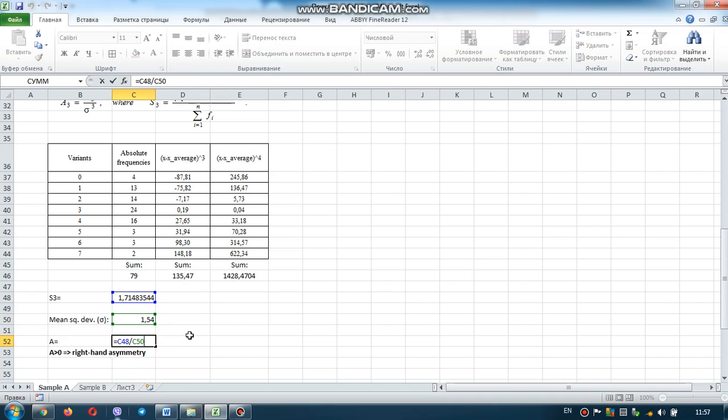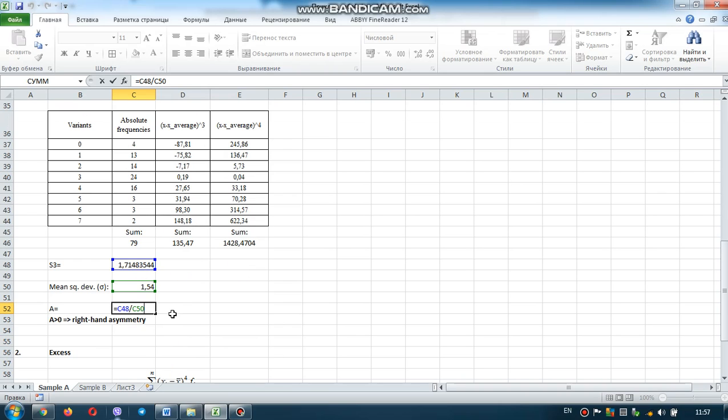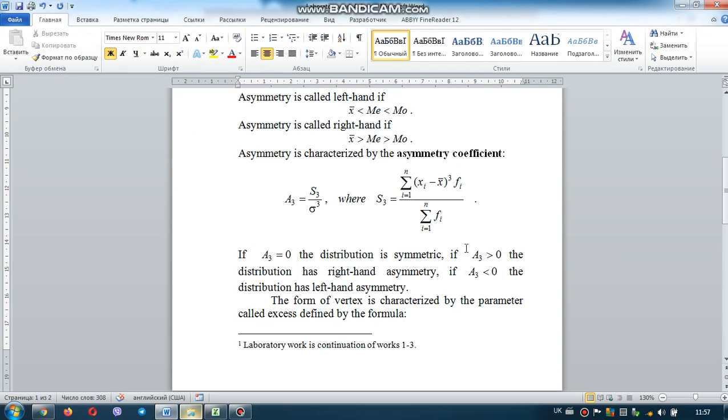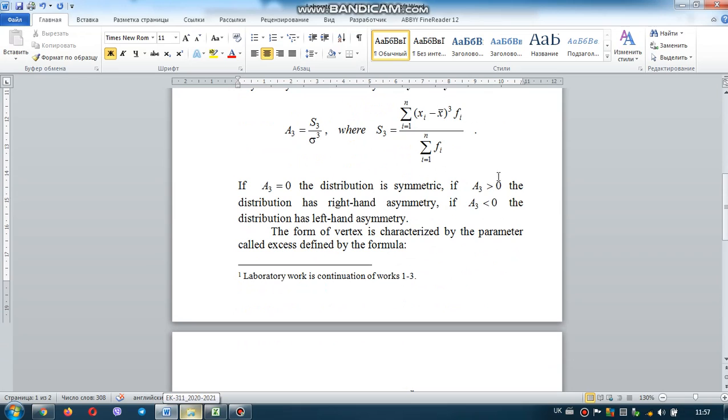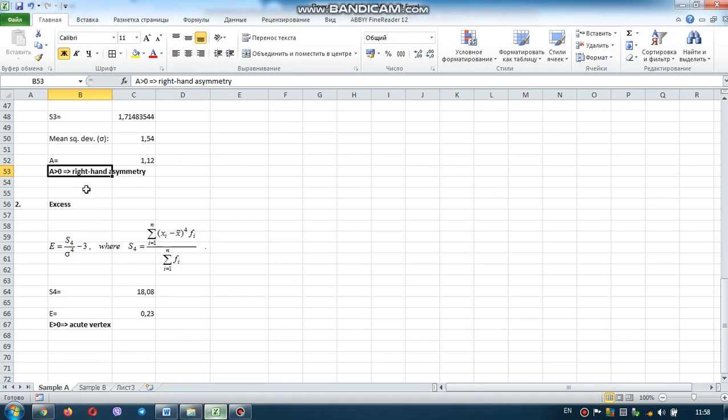Then we determine the asymmetry value according to our initial formula. So we can see that the asymmetry is greater than 0. Then the distribution has right-hand asymmetry, and we can write it down here.